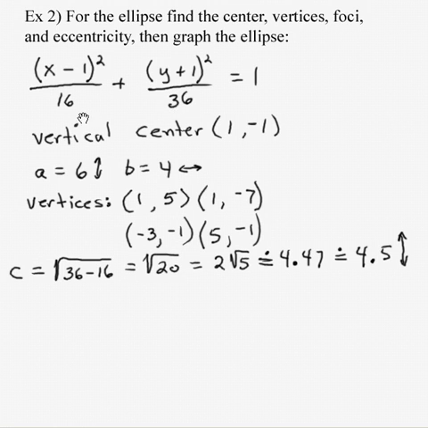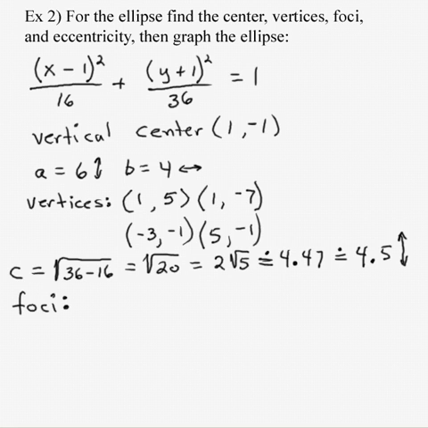We need to find the distance from the center to each focus. So the large denominator minus the small denominator, 36 minus 16, which is 20. Square root of 20 is 2 square roots of 5. And that's approximately 4.47. We'll just round that off to the nearest tenth and call that 4.5. And C always goes the same way A goes, always goes the same way the ellipse goes, so we're going to go up and down 4.5 from the center to find the 2 foci.